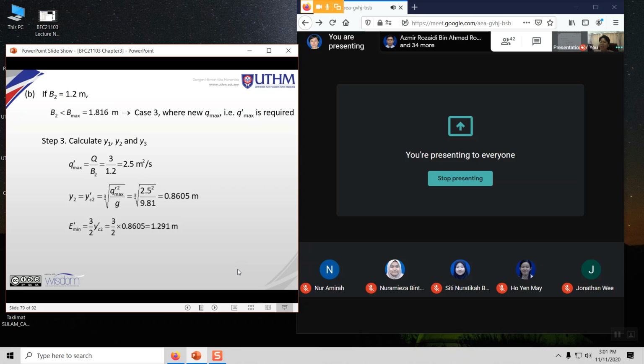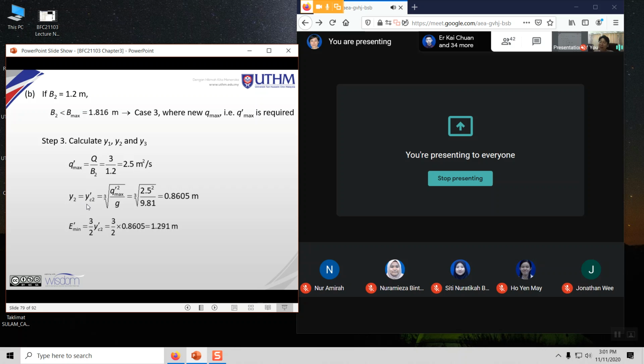Okay. Now for case 3, there will be a new Q max. How do you find your Q max? The new one is, of course, your discharge, which is the initial discharge divided by your B2. So therefore, look at step 3. New Q max is Q over B. So you have 2.5.